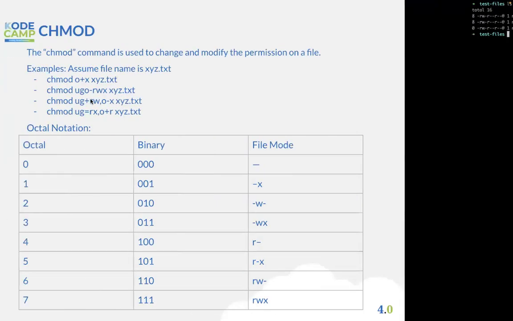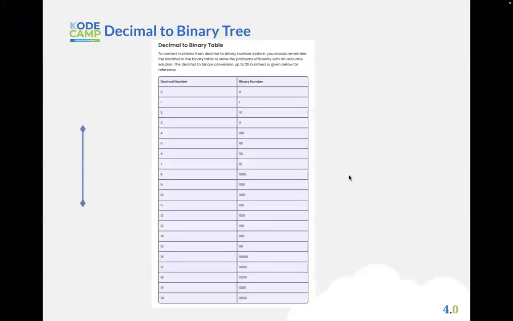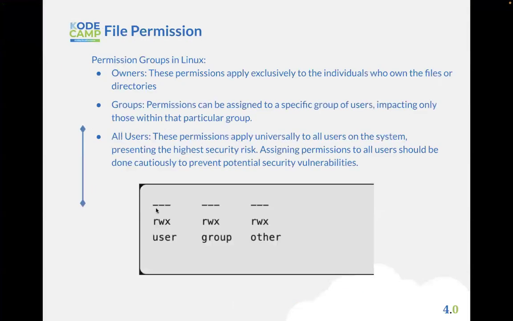If we come here, you see where we looked at this, right? You have these 3 groups. The first group refers to the user. The second group refers to the group that the user belongs to. And then you have the last group for others. And these 3 can have different permissions for the particular file.